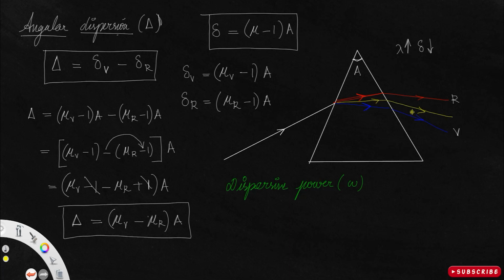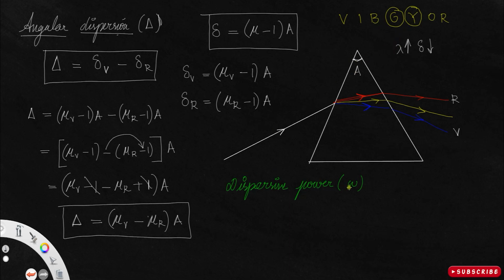That is, in between this violet and red, we have green actually for VIBGYOR. This green is the mean color, but usually we take yellow as the mean color. There is a specific reason for that. I'm not discussing it in here. You just take yellow as the mean color.